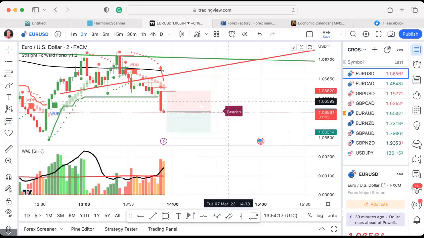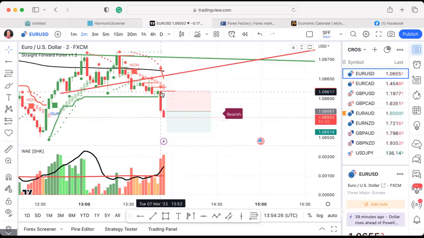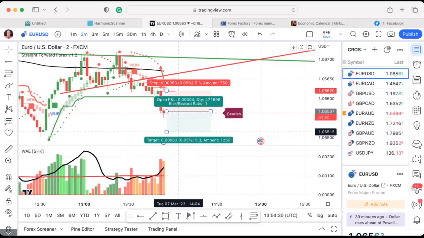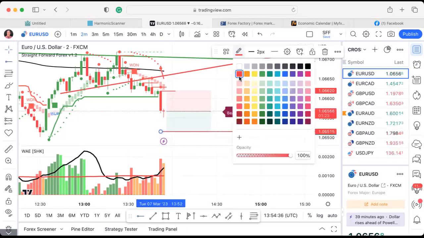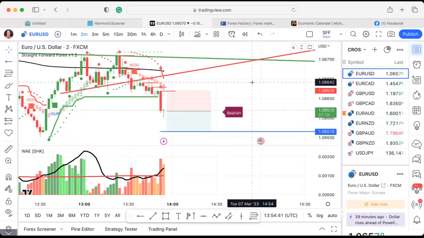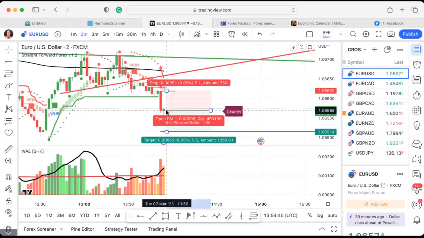Okay, so I got in at that point. I set my stop loss at 5.3 pips, which was at the top of that engulfing candle, and I'm wanting price to come down here. I always mark my target in blue, so I just move that across.